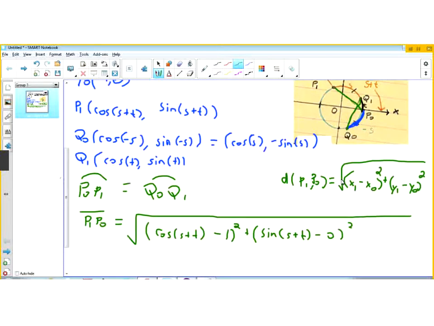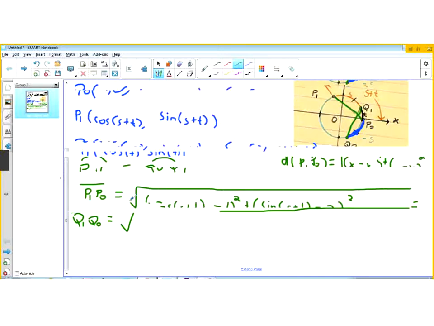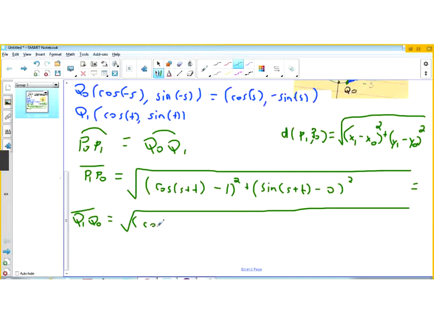So that distance from P1 to P naught has to equal the distance from Q naught to Q1. The abscissa of Q1 is cosine t, and the abscissa of Q naught is cosine s.